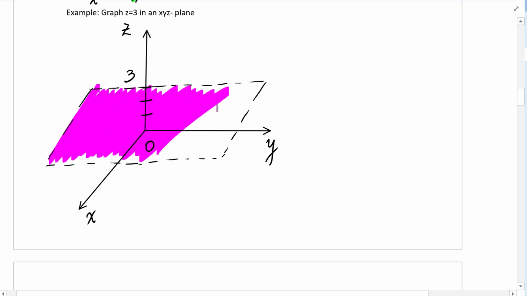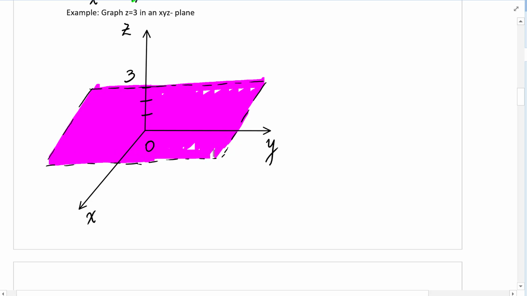That is going through z equals 3, but it's basically parallel to the plane x, o, y.